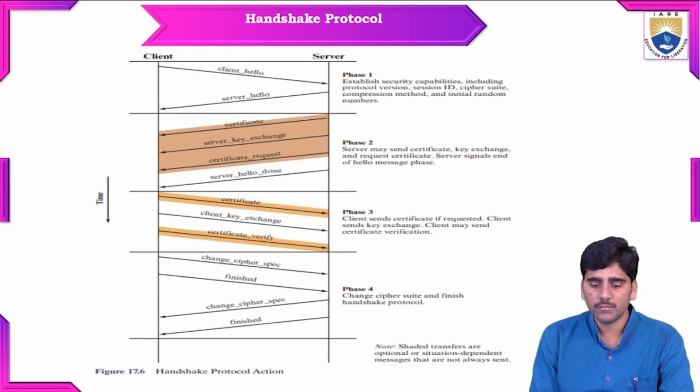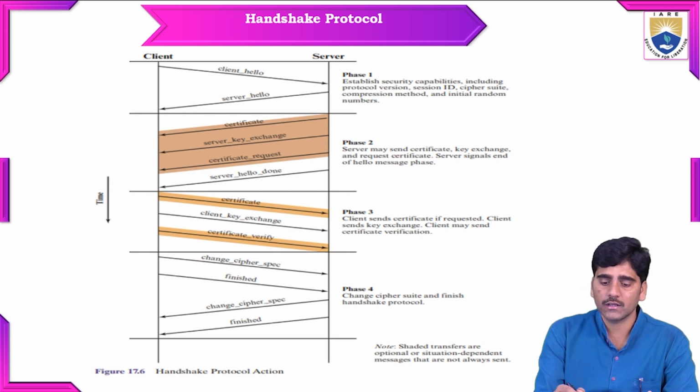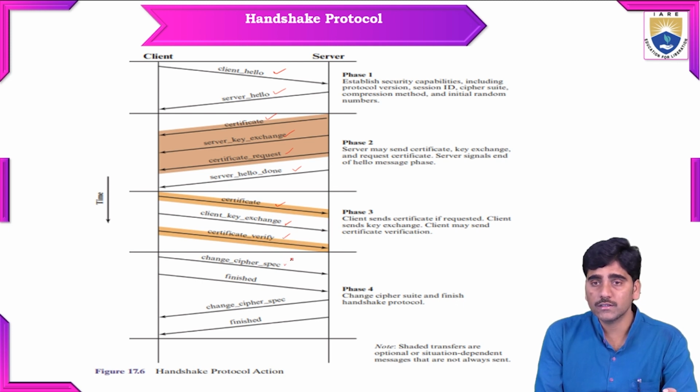So this is the process of how the client and the server initiate the communications with the help of different types of messages. These are the messages like client hello, server hello, certificate, server key exchange, certificate request, server hello done, certificate, client key exchange, certificate verify, change cipher spec, finished, and change cipher spec and finished.